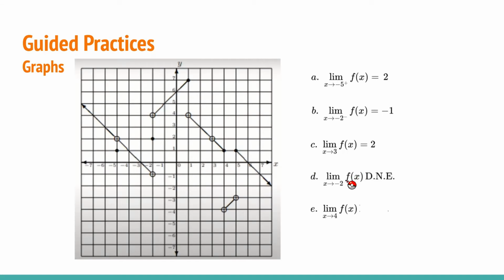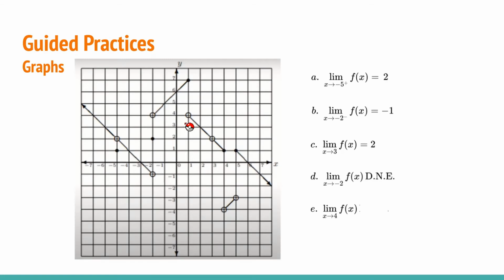Now, lastly, for letter E, the limit of f of x as x approaches 4. So again, find our c, which is 4. Notice that it is not a one-sided limit. That means we have to find both from the left and from the right.